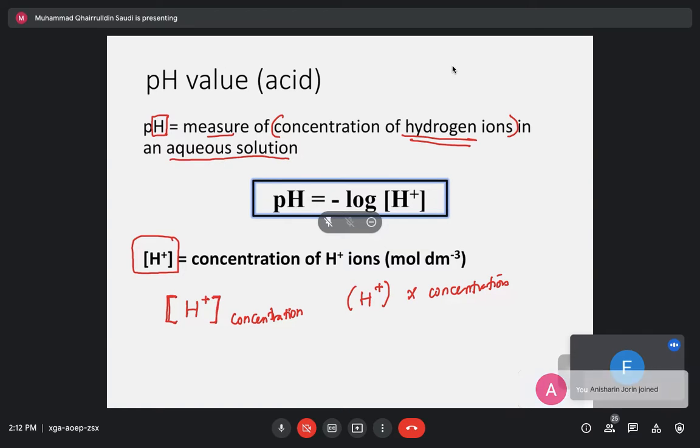So this bracket is for concentration. So benda dekat dalam tu adalah benda concentration of apa. So katakan kita letak H plus, so inside this bracket is concentration of hydrogen ions. So the concentration of hydrogen ions selalunya kita measure in mole per dm cube. Concentration punya unit adalah mole per dm cube. Okay. pH does not have unit.